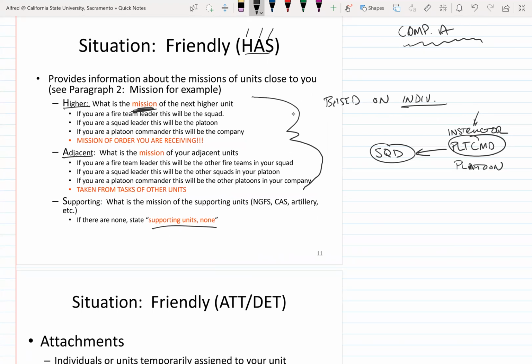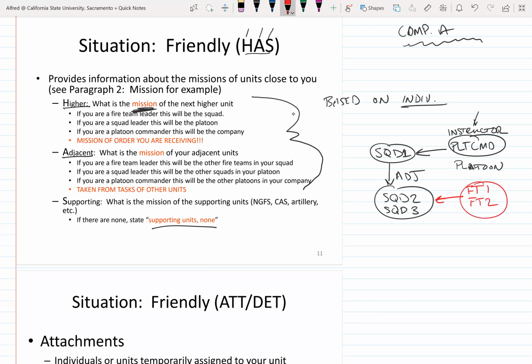Adjacent units, it's also based on whoever you are. If you're a squad leader and let's say you're first squad, then your adjacent obviously would be squad 2 and squad 3. Some people at OCS, they're the squad leader and they seriously go out there and say adjacent units, they say fire team 1 and fire team 2.